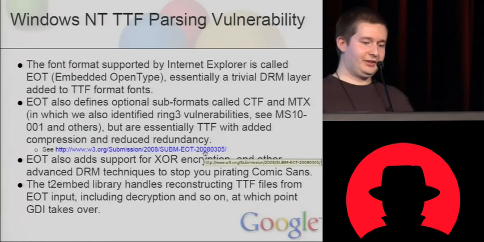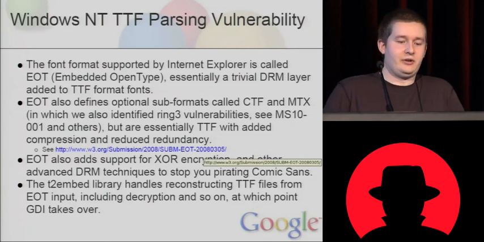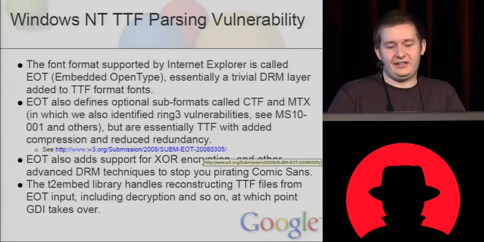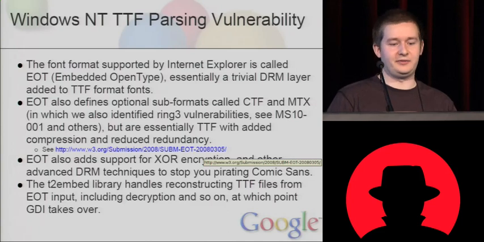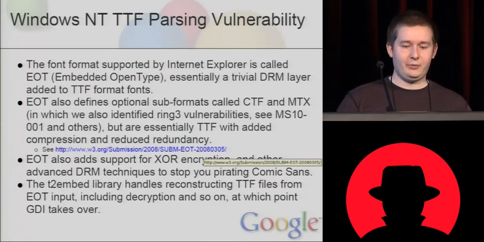So the way this worked was that the font format supported by Internet Explorer is called EOT, which is Embedded OpenType. It's essentially just a trivial DRM layer added on top of TTF format fonts. It defines some interesting data compression subformats called CTF and MTX. We actually also pwned these with some Ring3 vulnerabilities.